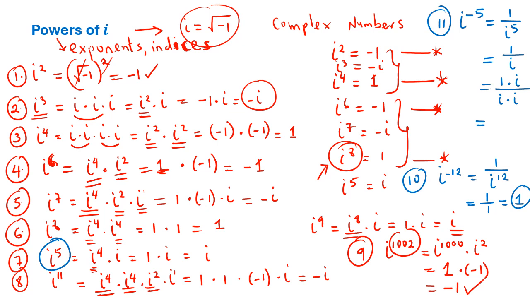So 1 times i will be i, divided by i times i, which is -1. So your final result is just -i, because when you divide i by -1, that will just mean -i. I hope you can see that. I was just trying to manage my space. All right, so this is how you can deal with problems like this one.